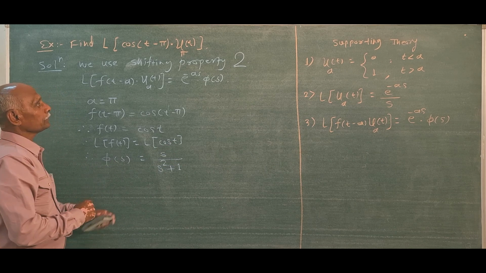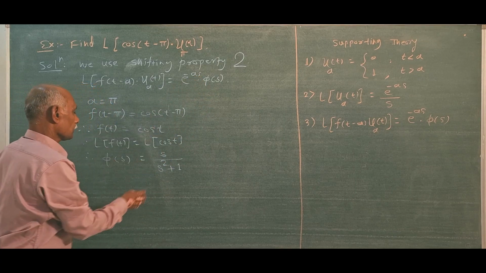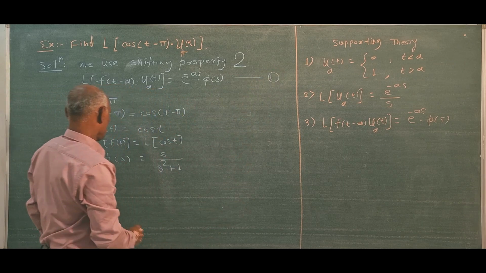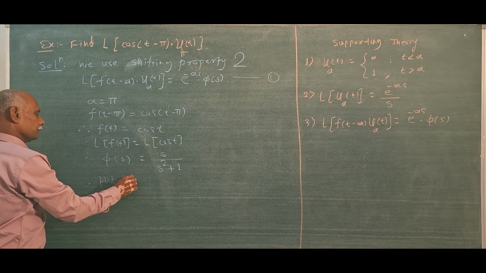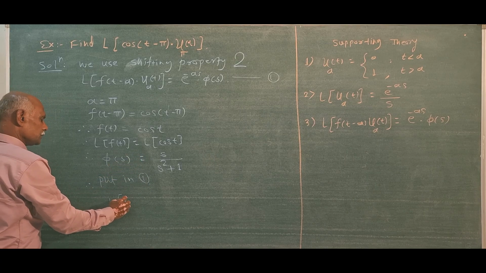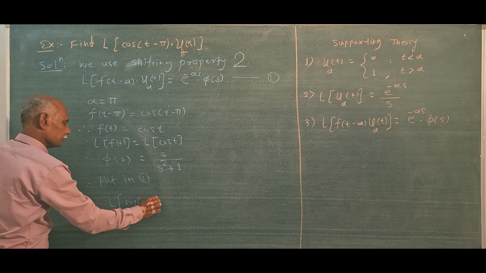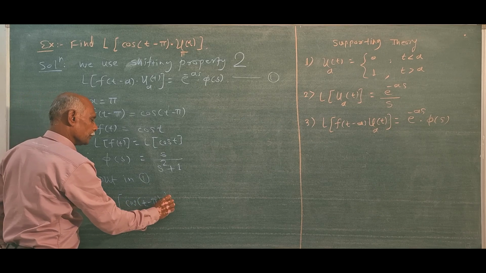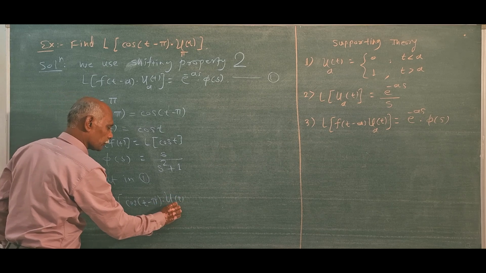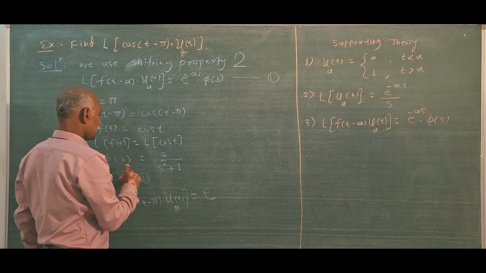Then you have to think about the right hand side. We put in the values, which gives the answer. Laplace of cos(t - pi) into u_pi(t) is equal to e raised to minus as, that means a is pi.